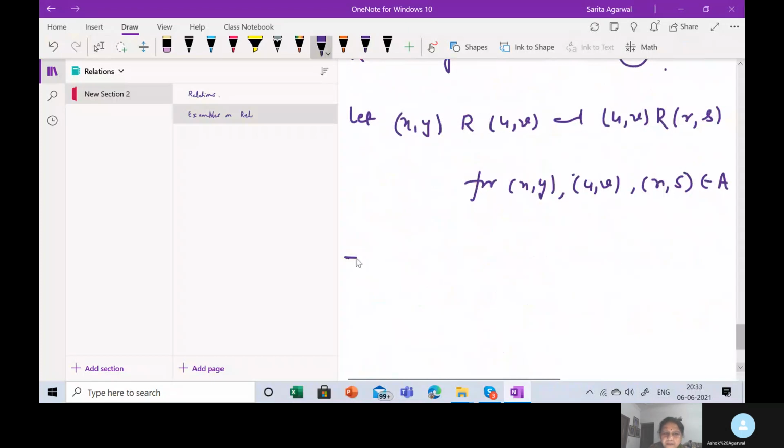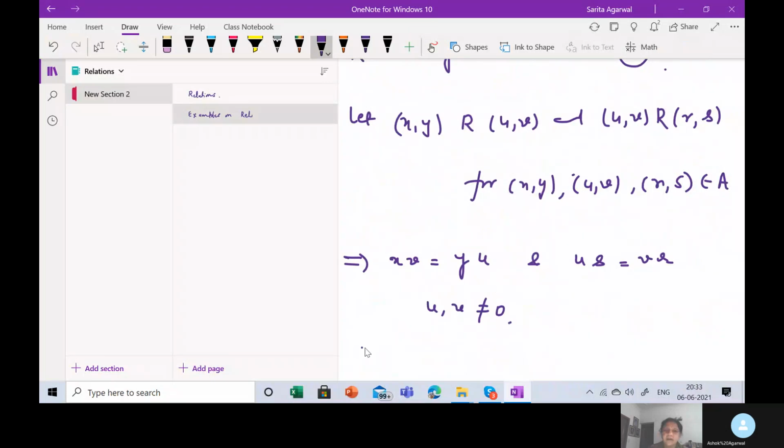And this gives us that xv equals yu and us equals vr. Since u and v are non-zero, this gives us that x equals yu by v and s equals vr by u.